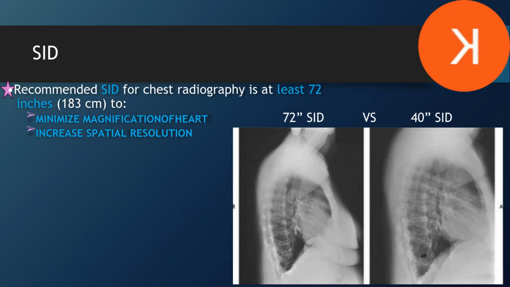So we can take a look at the picture that shows a 72-inch SID lateral chest projection compared to a 40-inch SID lateral chest projection. There is a huge difference between them. If you see the heart, there is less magnification in the 72-inch SID compared to the 40-inch SID.